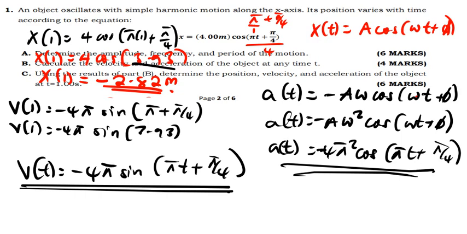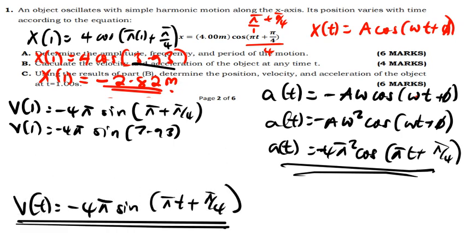So I expect v as a function of 1 to be negative 4 pi sine 3.93. I'm getting 8.91, that is positive 8.91 meters per second. That's my velocity.